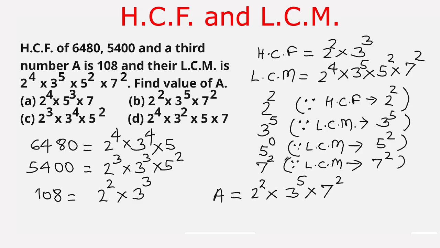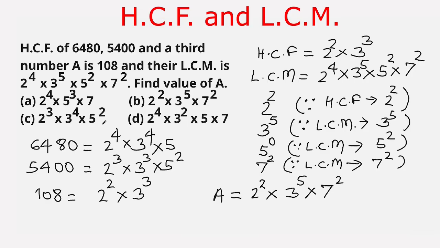Now I am going to explain why I have taken 5 to the power 0. Option A has 5 to the power 3, but in LCM, 5 has power 2, so we cannot accept A as our answer. Option B does not have any power of 5, so we will come to it later. In option C, there is no 7 and LCM has 7.